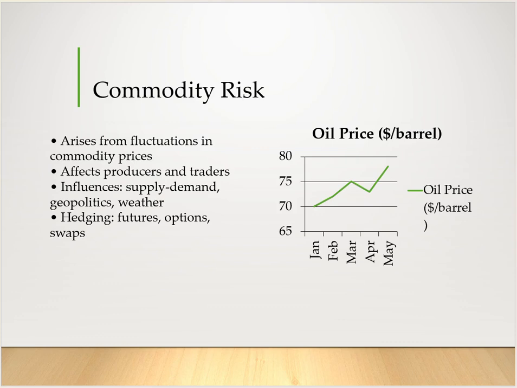An example of commodity risk is a spike in crude oil prices raising costs, so airline and transport companies change their prices. Hedging can be done using futures, options and swaps in the commodity market. The commodity market is a very huge market, and we will discuss in detail how to do futures pricing and option pricing in the commodity market in upcoming slides.